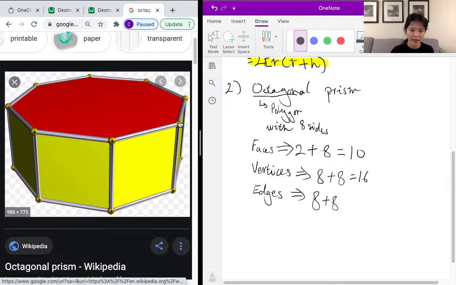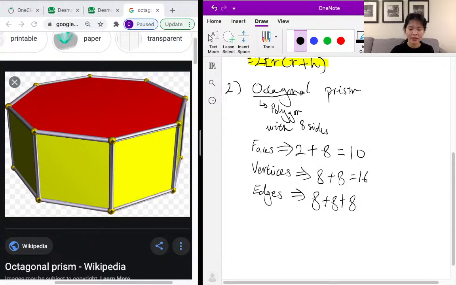So on the side of this octagonal prism, we would just have 8 edges. So in total, we have 8 plus 8 plus 8, which is 3 times 8, and it's 24.